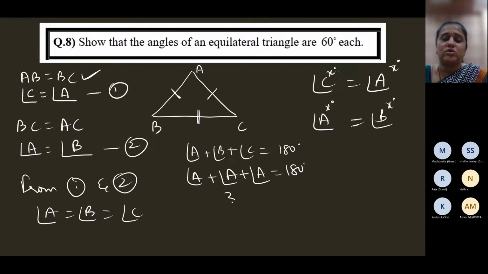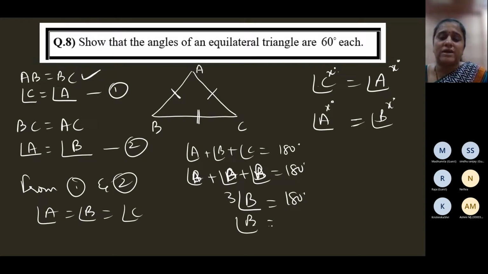So thrice you can replace anything. You can make everything angle B also: A is B, B is B, C is also B. You can get thrice of angle B, thrice of angle C, thrice of angle A, anything you write is equal to 180. So angle B is equal to 180 by 3, 60 degrees. Since A, B and C are equal, A is 60, B is 60, C is also 60 degrees.